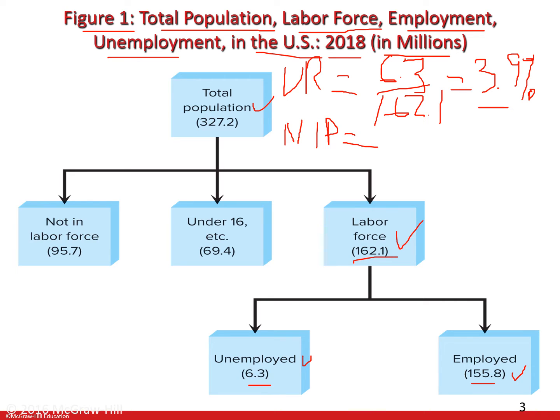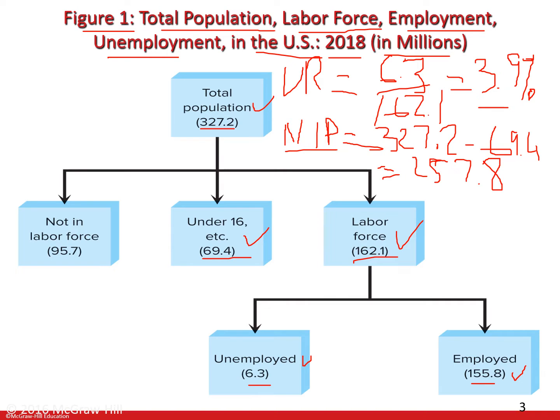The non-institutionalized population equals the total population, which is 327.2 million, minus the people under 16, the kids, and also the people in prison or in the hospital, which is 69.4 million. So you get 257.8 million.